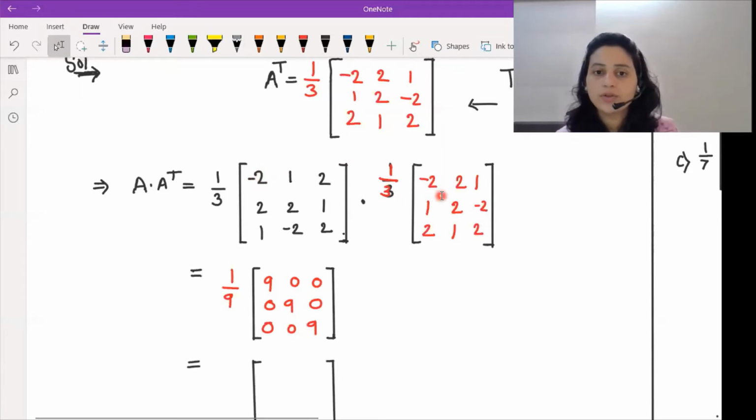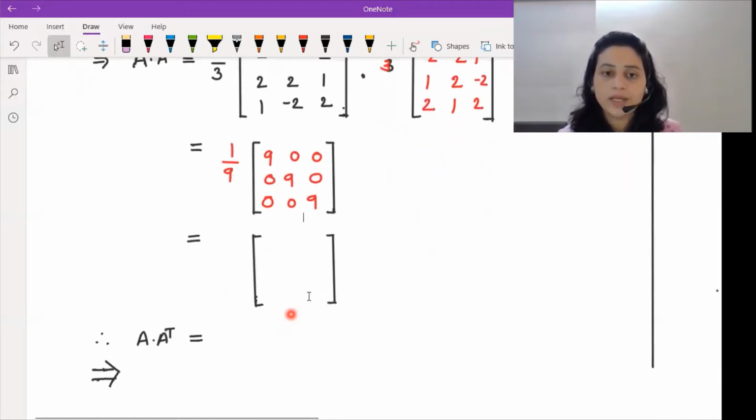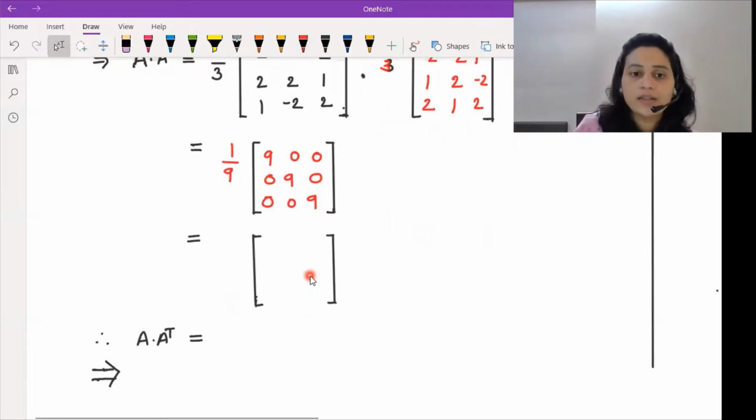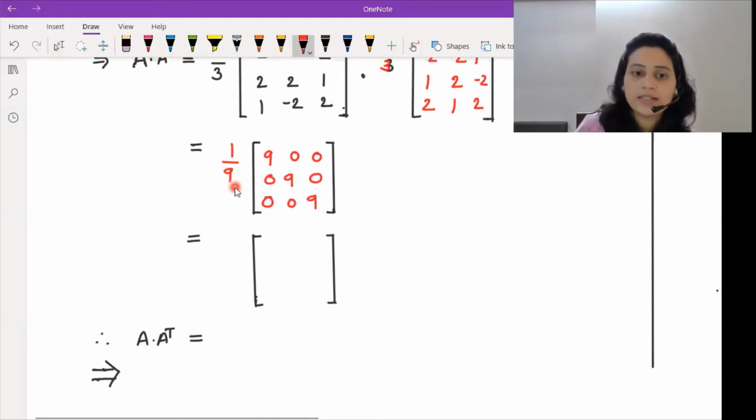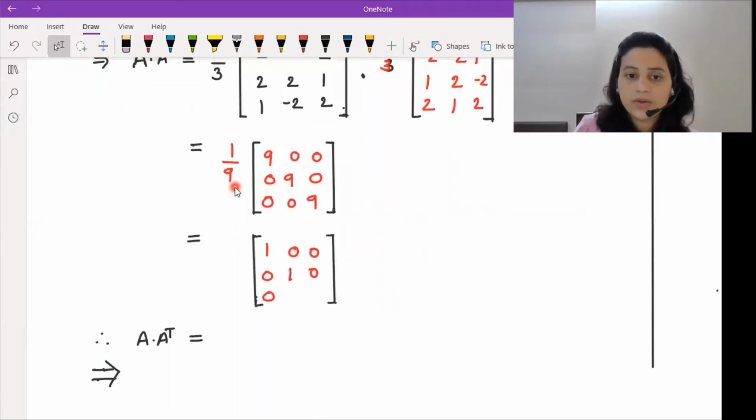So minus 2, minus 2, plus 1 into 1 and plus 2 into 2. So we'll get this term, and then after taking 9 common from this matrix, this 9 and the 9 will get cancelled, and last we'll get 1 0 0, 0 1 0, 0 0 1. So this is my identity matrix.